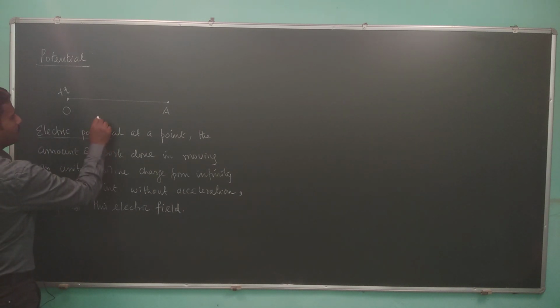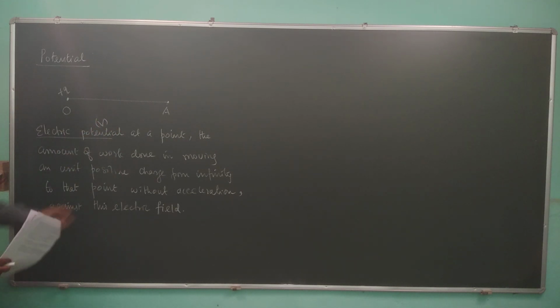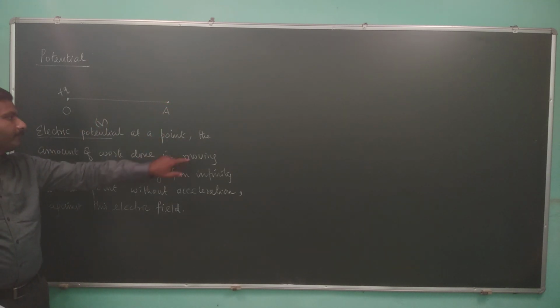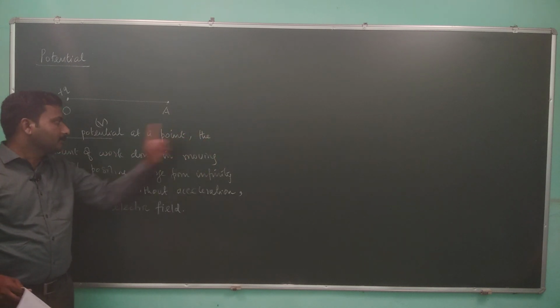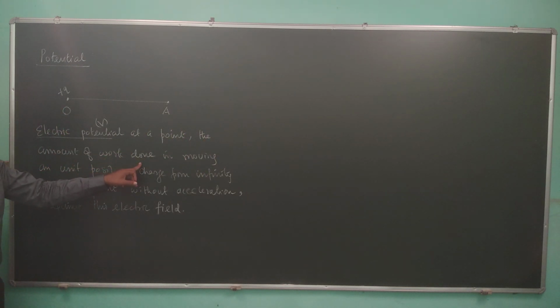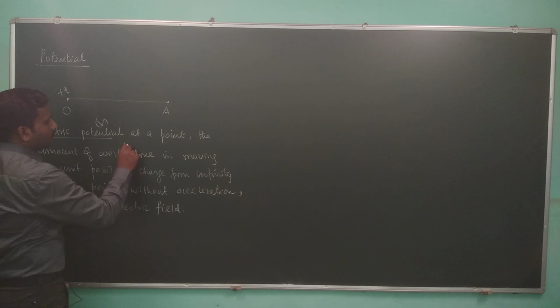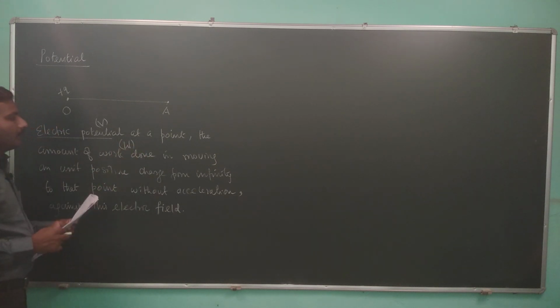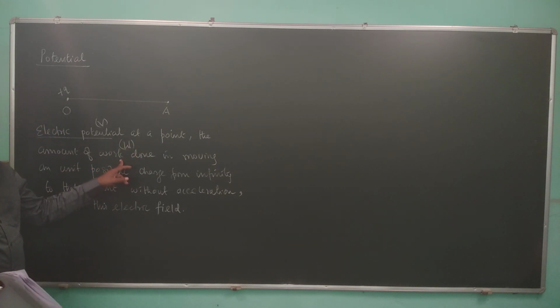Electric potential is denoted by capital V. At a point here, A is defined as the amount of work done. Work done is denoted by W. Amount of work done, when it is done, how is it done?